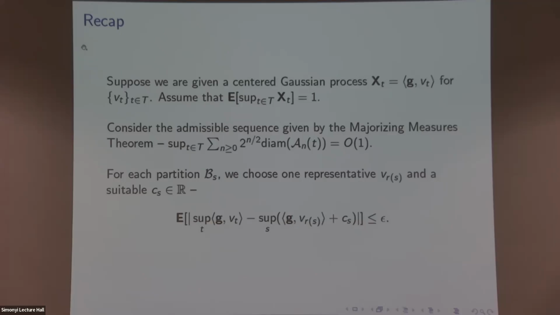I have one. Does it work for any other distribution? It seems extremely sensitive to the choice of Gaussian. Suppose you have even a sub-Gaussian, something that is falling even faster. Or Rademachers. Just Rademachers, potentially it could work.